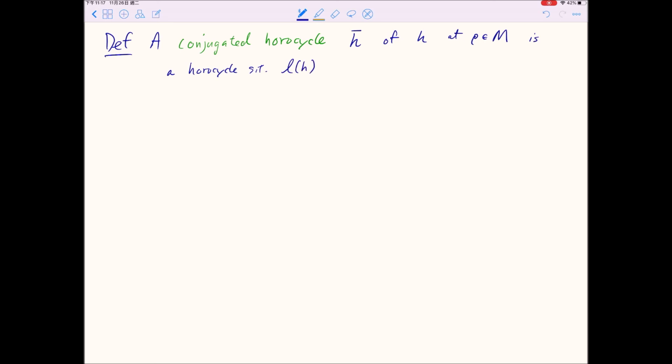To define this modified version, first we introduce the conjugated horocycle. A conjugated horocycle, H bar, of a horocycle at a punctured point is the horocycle such that the product of the geodesic lengths is 1.